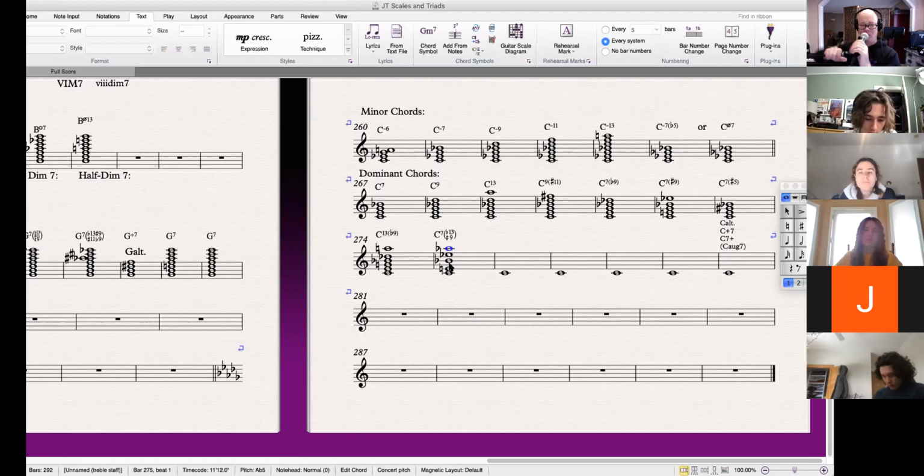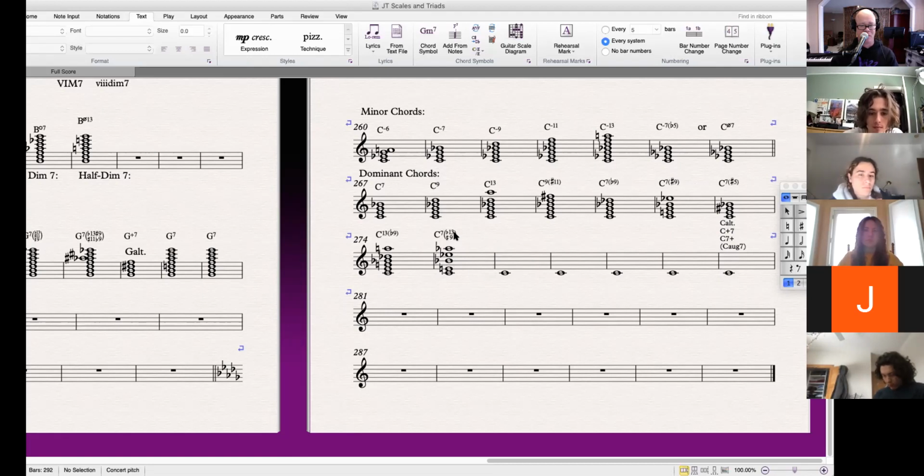So we don't use the A flat and the G natural together. Everybody understand why we don't use the natural 5 and the flat 13 together, because of that clashy, clunky sound.